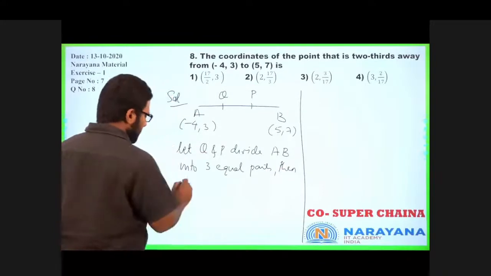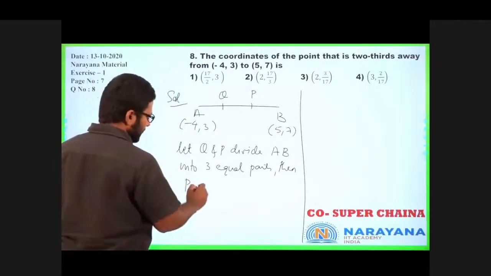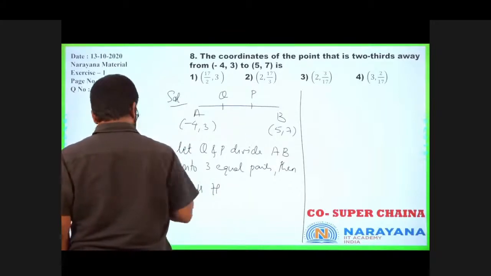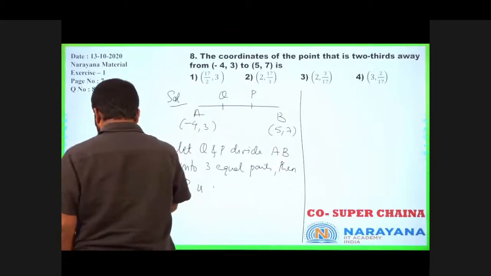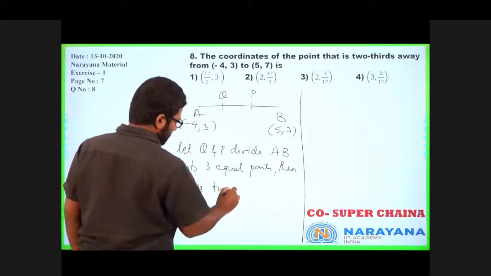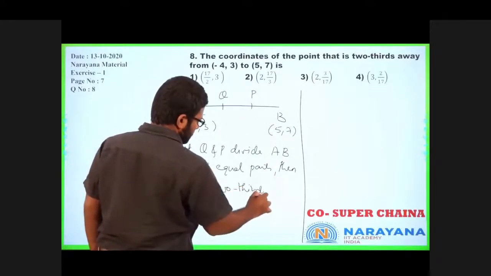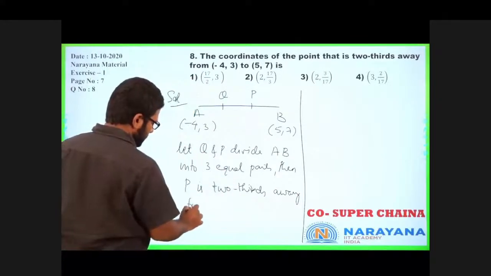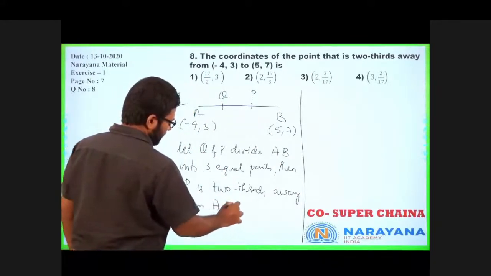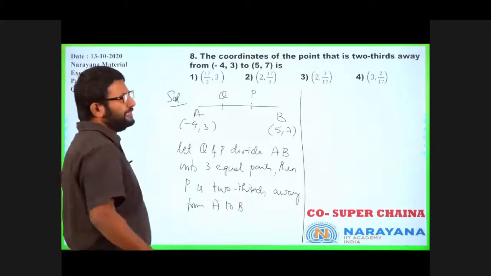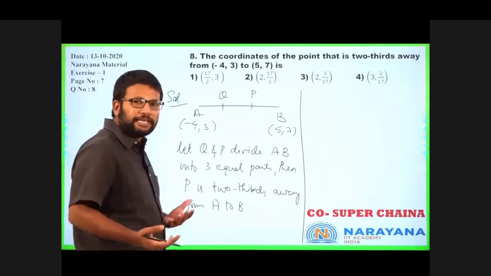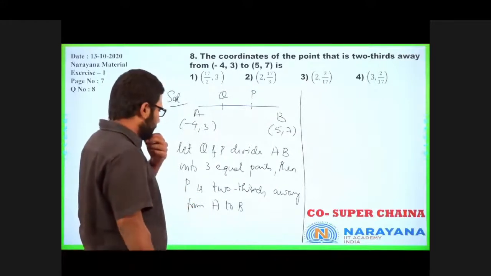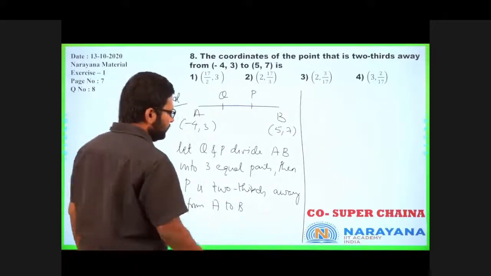Then P is 2/3 away, two-thirds away from A to B. Alright, so this is basically the way it's written in English. You should be able to convert from that English into maths. Okay, so P is 2/3 away from A to B.